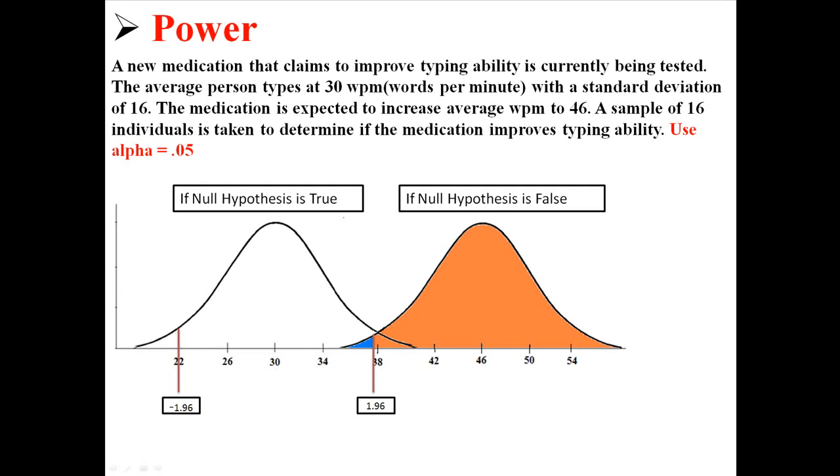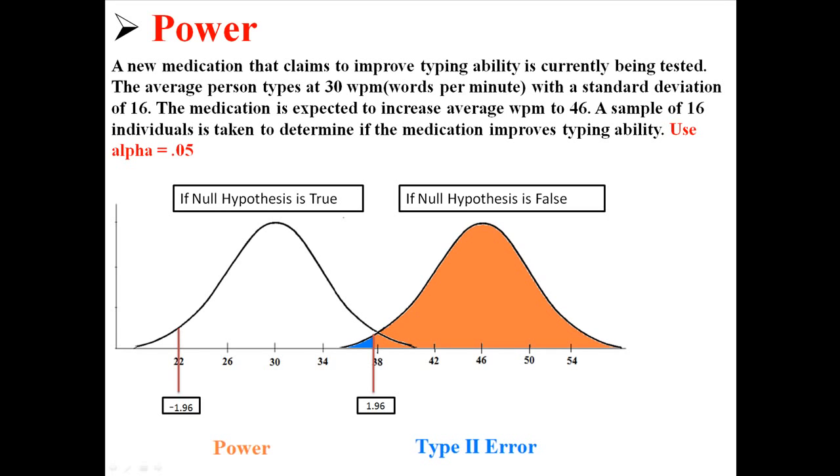If it's within that 95%, that blue area I have marked, that means we're going to retain the null hypothesis. So given that the null hypothesis is actually false, you can see that there is a large orange area. If the distribution is actually over there, then there's a very good chance that we're going to end up rejecting the null hypothesis and saying that, oh, okay, so it actually did increase average WPM to 46.